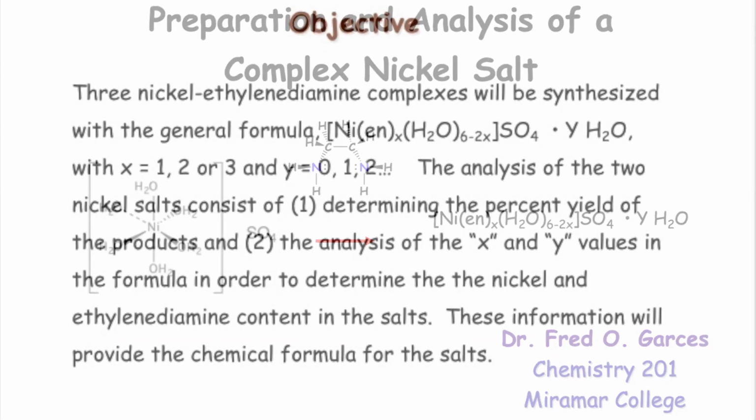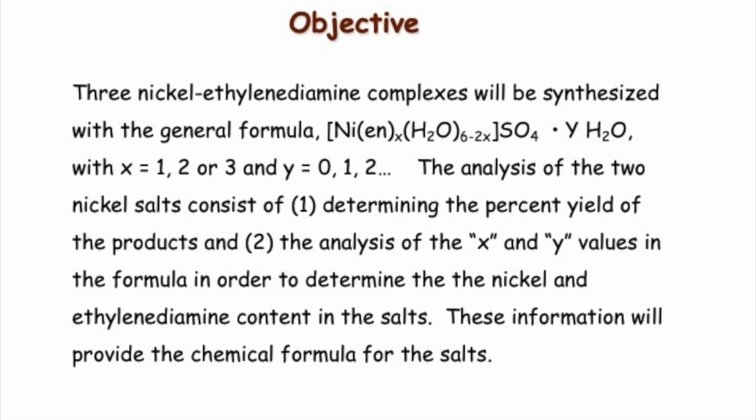The objective, of course, is to synthesize a nickel ethylenediamine complex from nickel sulfate hexahydrate, and then to analyze what the true formula is for the nickel ethylenediamine complex. That's the goal of this experiment.